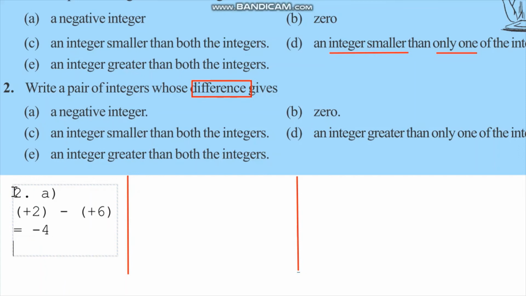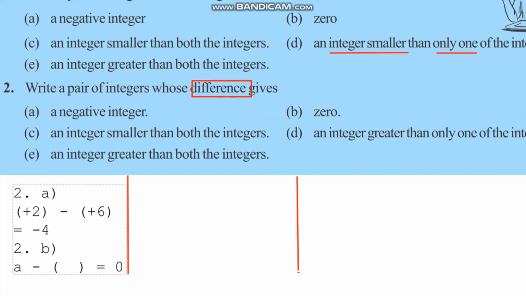Next, we need to find two numbers whose difference is 0. So 2B needs us to find two numbers whose difference is 0. Let the first number be equal to A and we are subtracting something from it, such that the difference is 0.